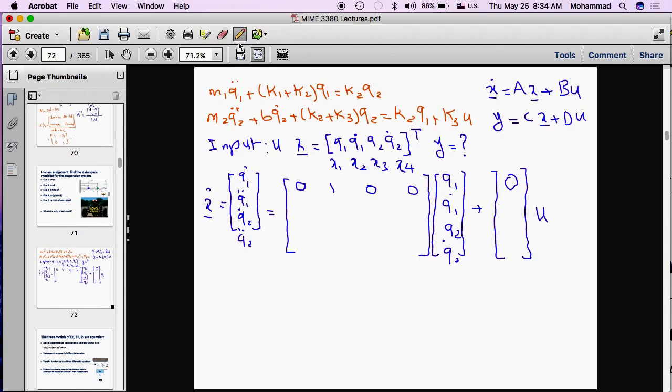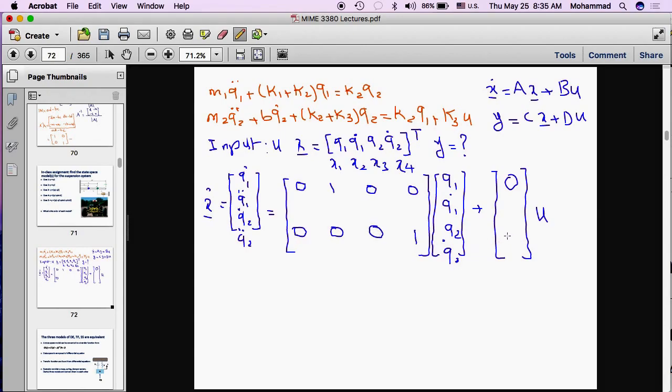Okay. While we're at it, let's look at the third row of this matrix. Now, what is Q2 dot equal to? It is equal to the fourth element of X. So what should I write here to reflect that? I need 4 elements. Did you say 0, 0, 0, 1?